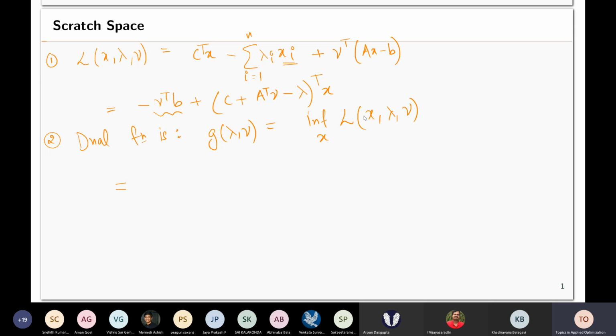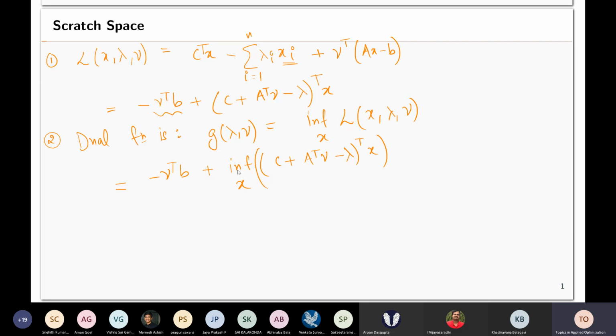Now this guy, the non-x term will come out of the infimum. So minus nu transpose B, and then plus infimum of the remaining x terms, C plus A transpose nu minus lambda transpose x. Okay, so this is the infimum over this guy, right?